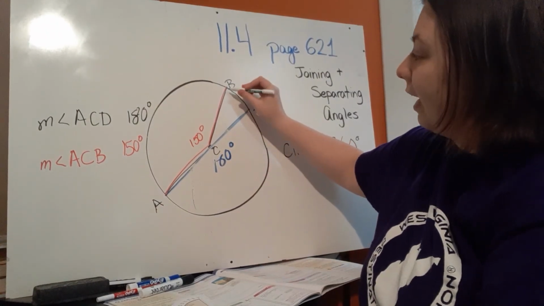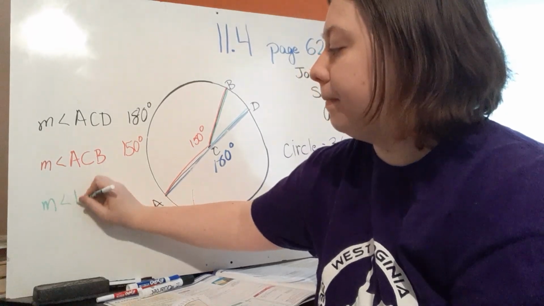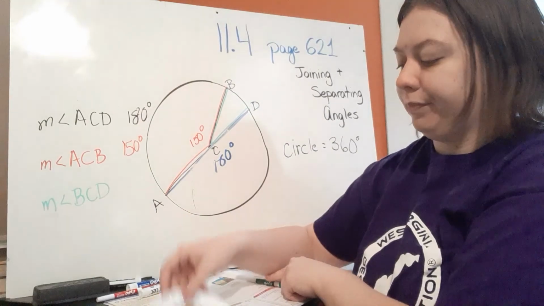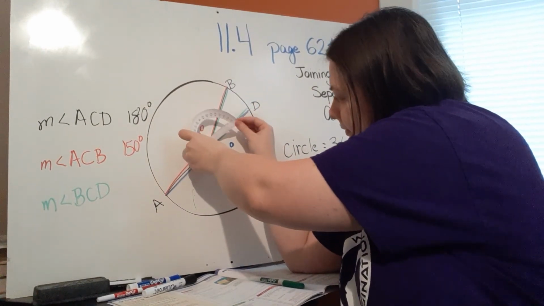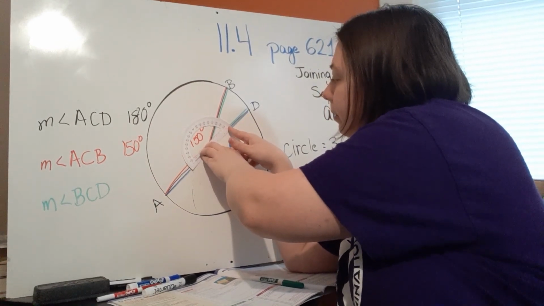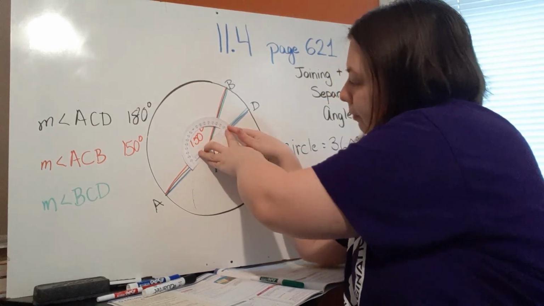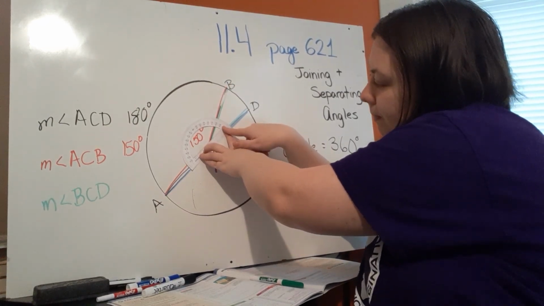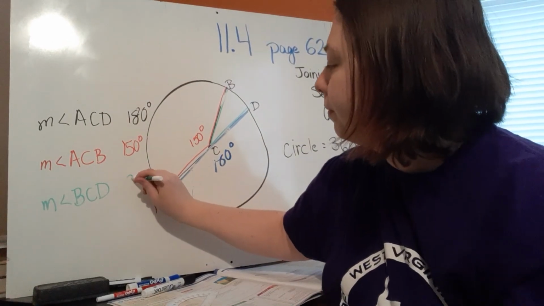I now need to find B, C, D. Hole at vertex C. I'm lining up CD with 0. And then I'm going over and I'm seeing where CB falls. And it's at 30 degrees.